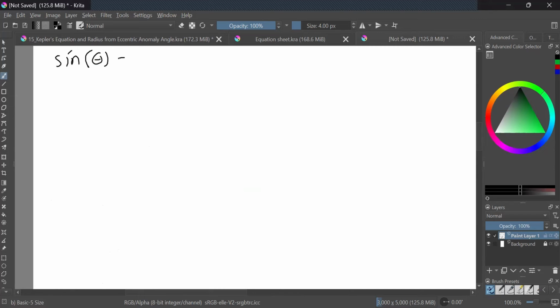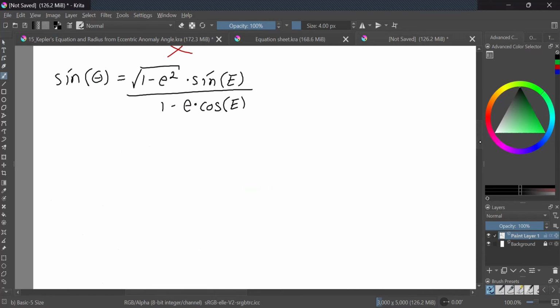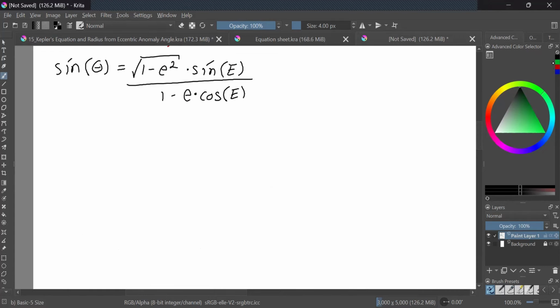Sine of theta is equal to the square root of 1 minus the eccentricity squared times the sine of the eccentric anomaly angle over 1 minus the eccentricity times the cosine of the eccentric anomaly angle. And do that. There we go.